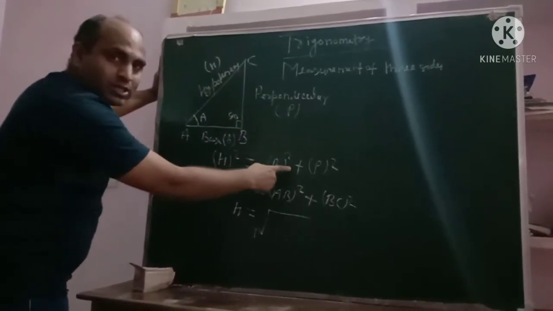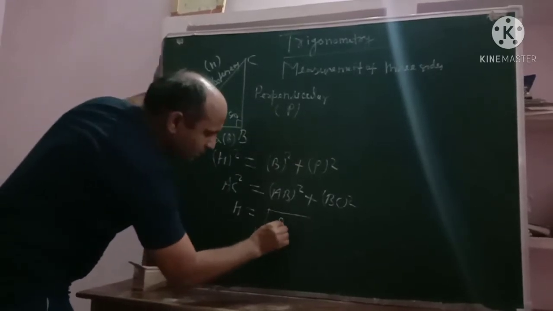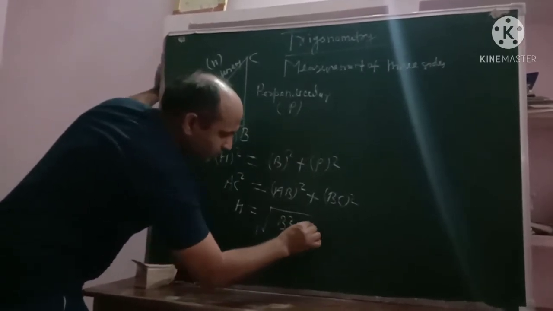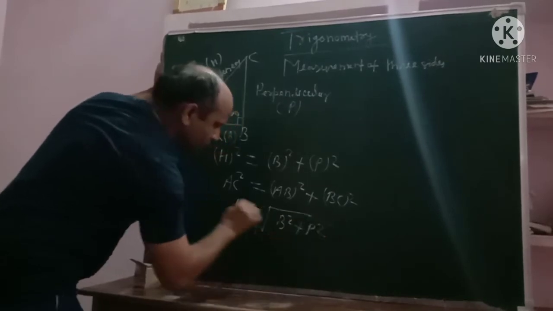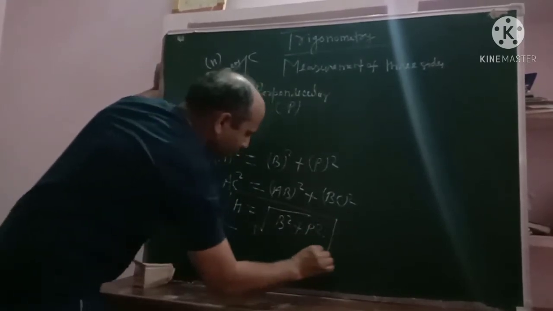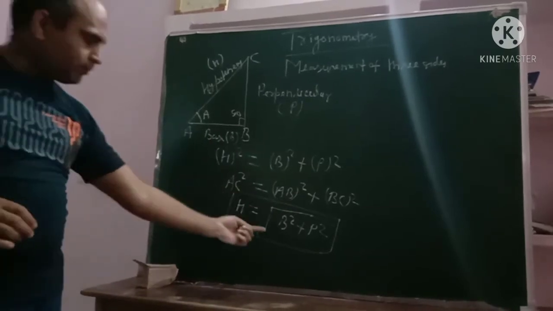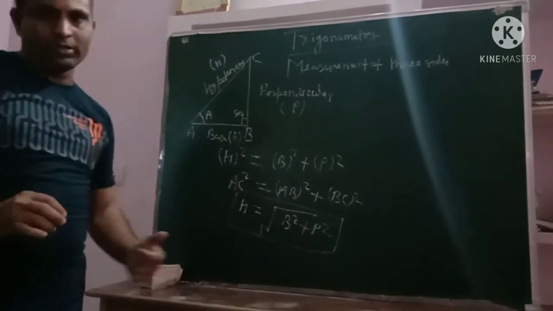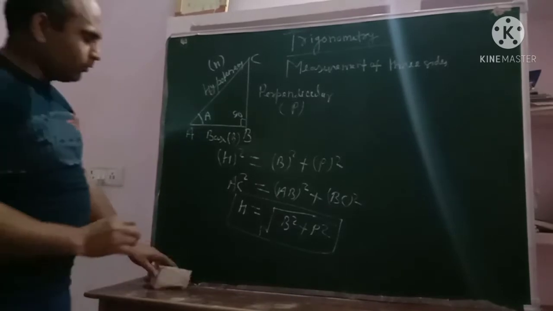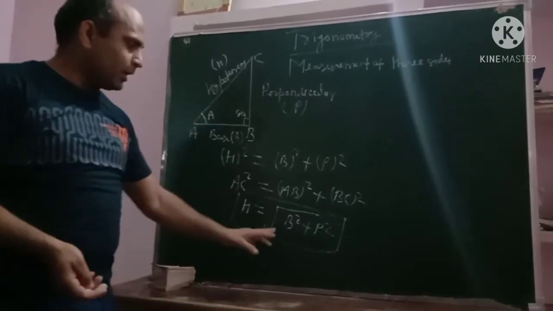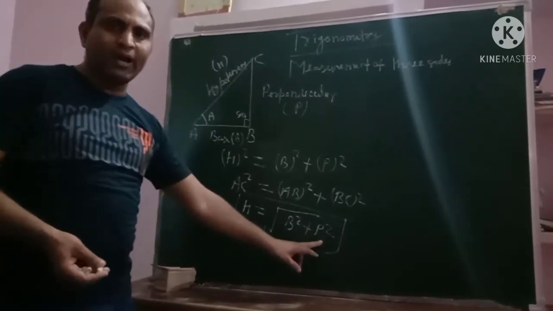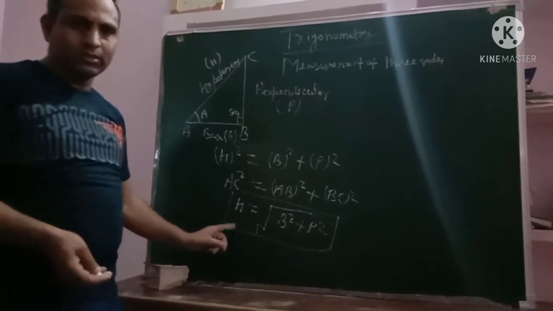This is the basic relation between the lengths of the three sides: base, perpendicular and hypotenuse. Now if we know the base and perpendicular, then we can find the hypotenuse.